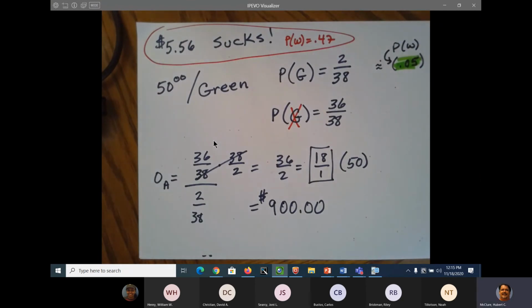So when the probability of winning is low, the payoff is high. When the probability of winning is high, the payoff is low. Nothing in this world is what? Free. Okay?